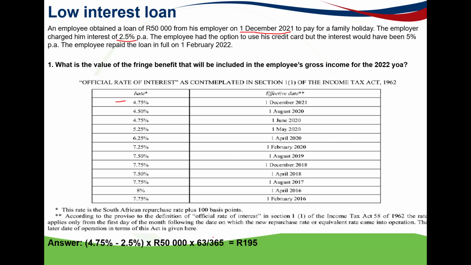A loan in all cases is apportioned according to the number of days and not months, right? So you are incorrect if you apportion it using months. The correct way of doing it is using days. So you will get a final figure of 195 Rand, which will need to be included in the employee's gross income.